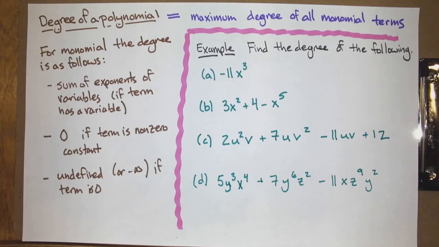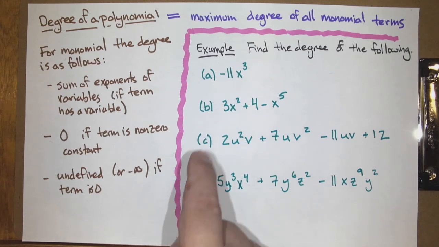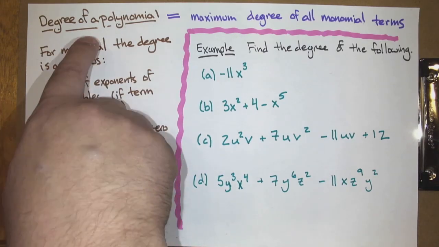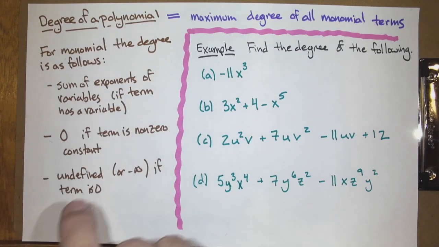All right. So let's talk about our degrees. Here we have 4 options, and the question is, how do we find the degrees? Oh, I talked about the degree of one monomial. How do you find the degree of a polynomial? The answer is you look over all the monomial terms and say, which one's the largest?